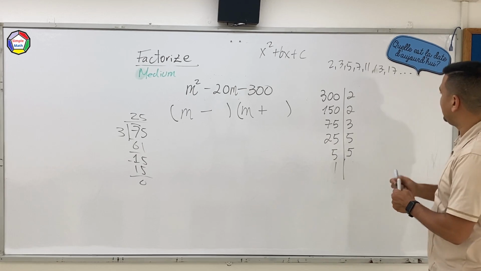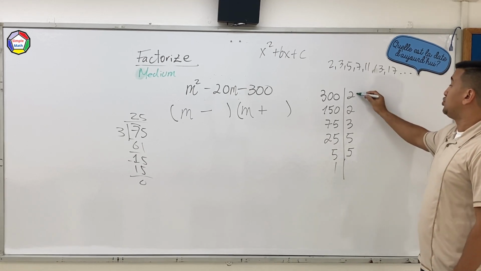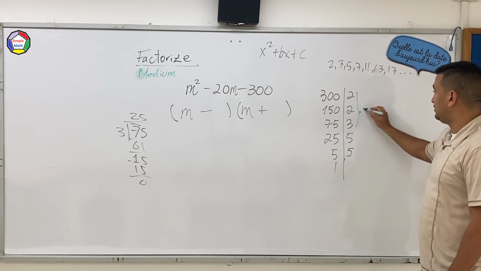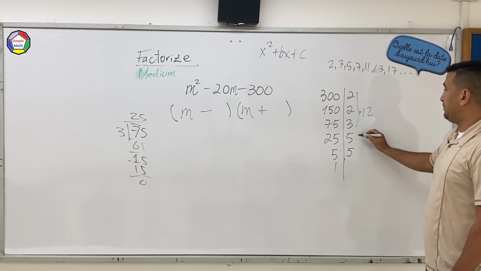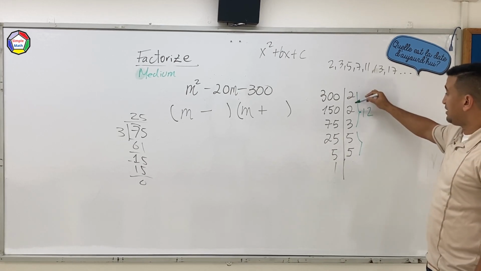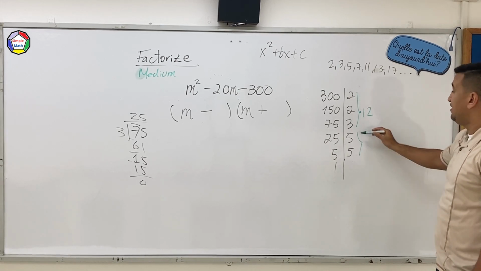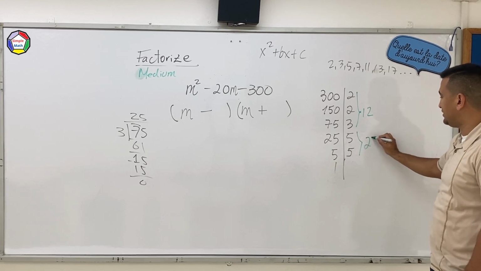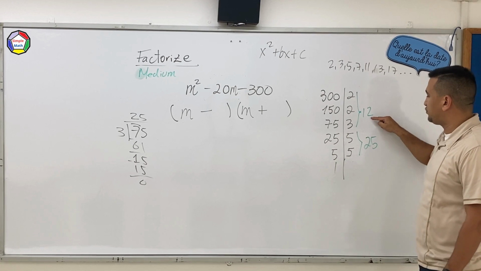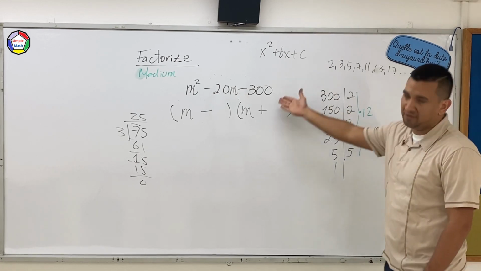So I can make this group, for example: 2 times 2 times 3 is 12, and 5 times 5 is 25. So we know that the multiplication of 12 times 25 is 300.